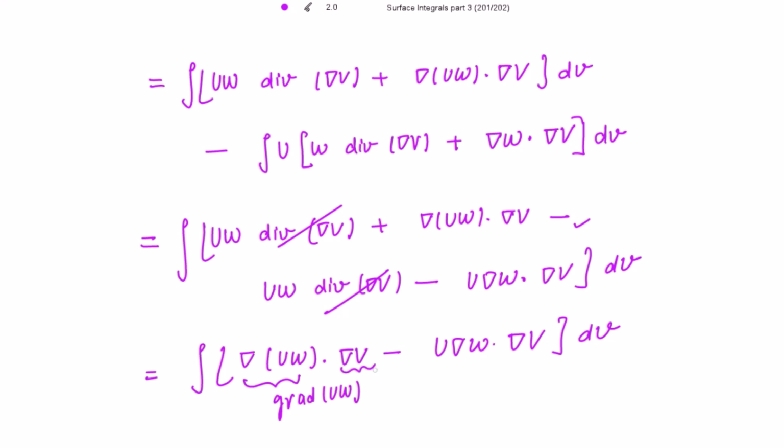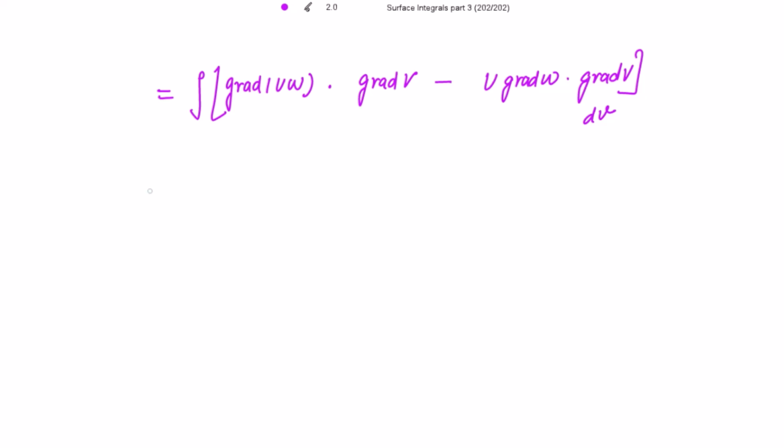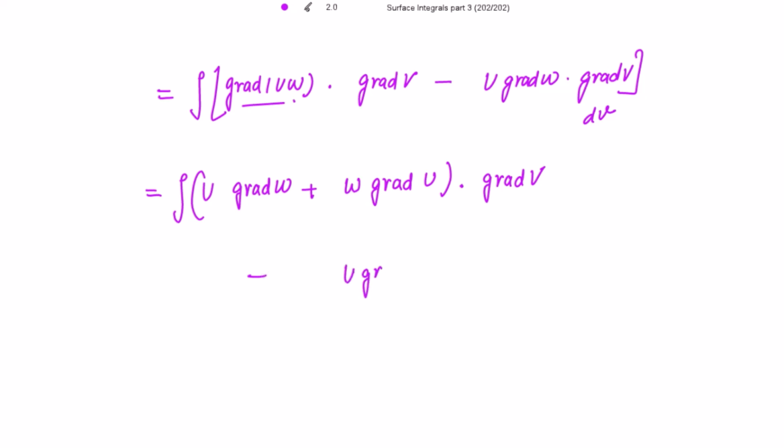Similarly, ∇v can also be written as grad v, and ∇w can be written as grad w. So let's write in terms of gradient. Very fine. So this is the integral of grad of u w, which is u grad w plus w grad u, and having its dot product with grad v minus writing the second term as it is.